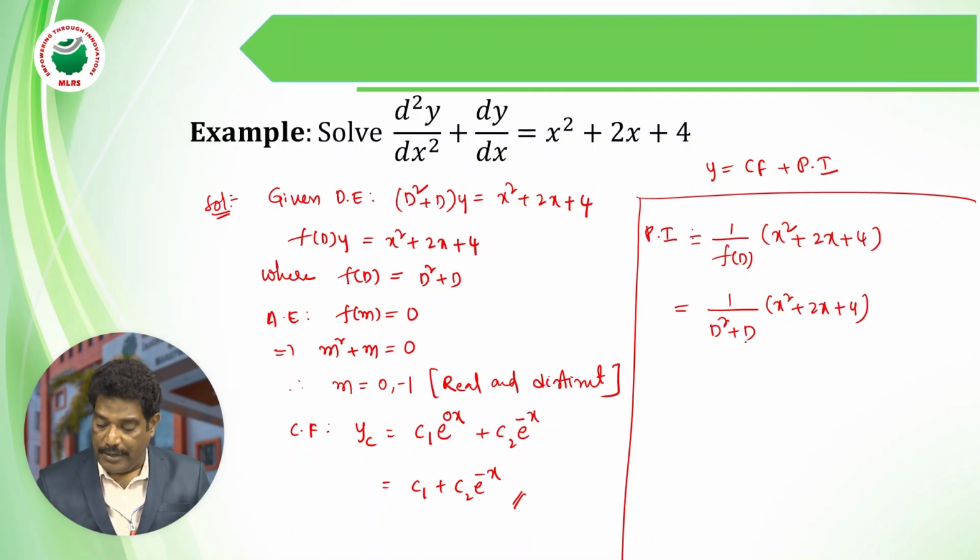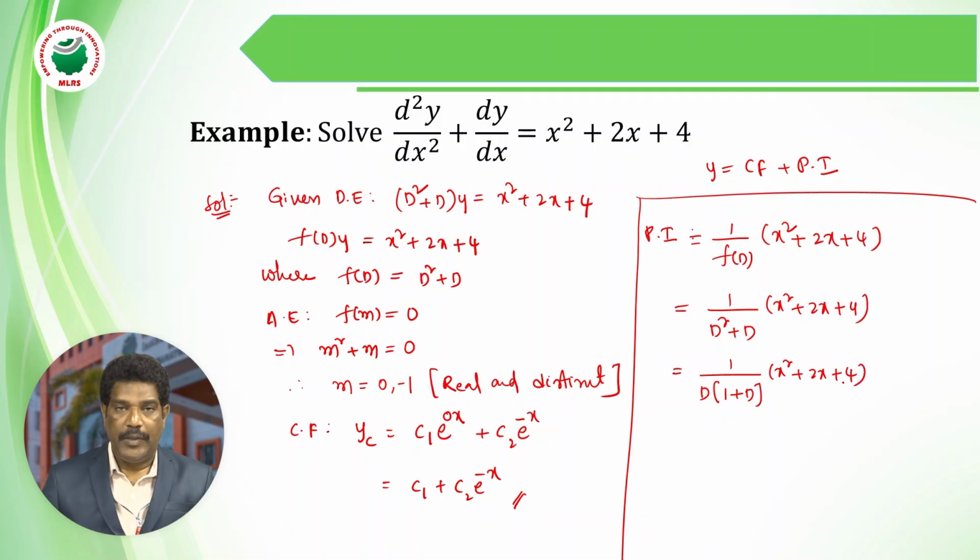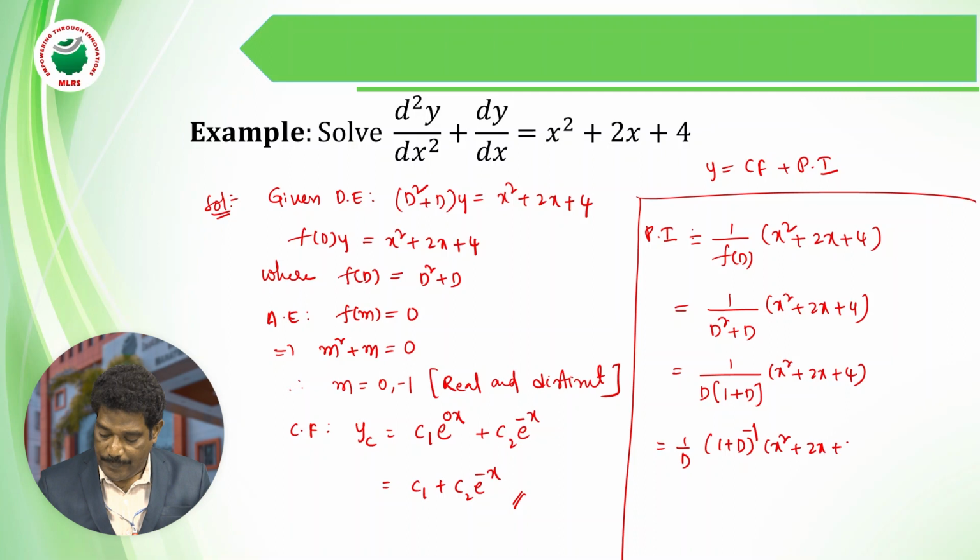In the denominator, D square plus D, take the lowest degree term common. 1 by D writing outside, and then we'll get D plus 1. Now here I am writing directly in the 1 plus D form into x square plus 2x plus 4. Now here it will be in the form of 1 plus something, so this 1 plus something we are taking into the numerator. The remaining is 1 by D, and here (1 plus D) whole power minus 1 into x square plus 2x plus 4.